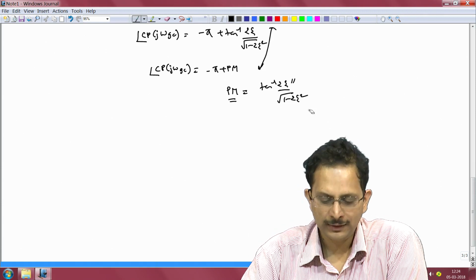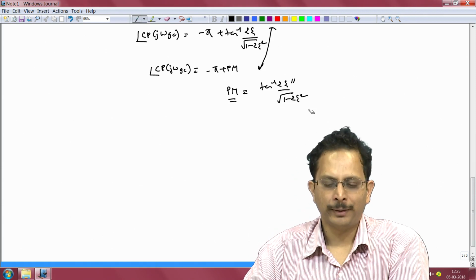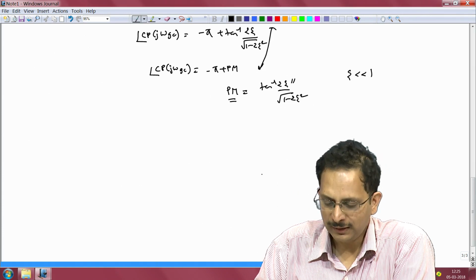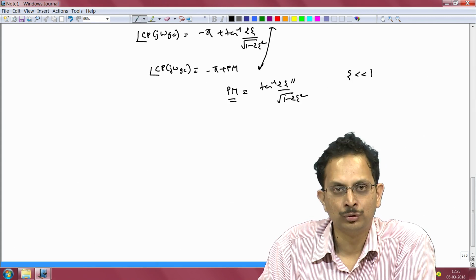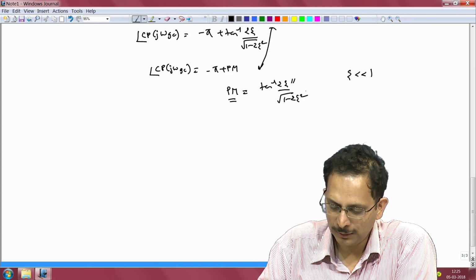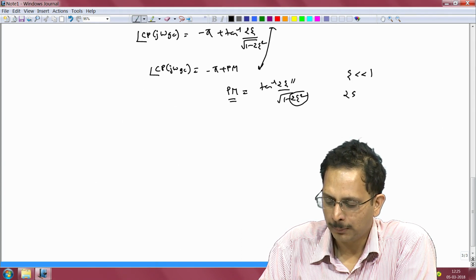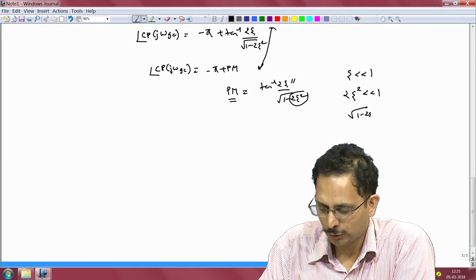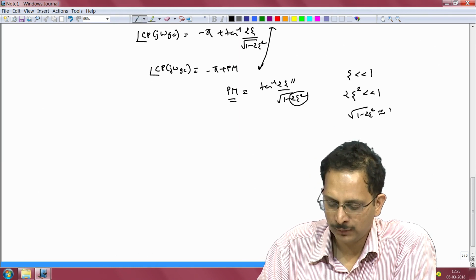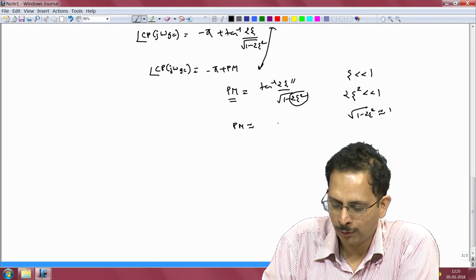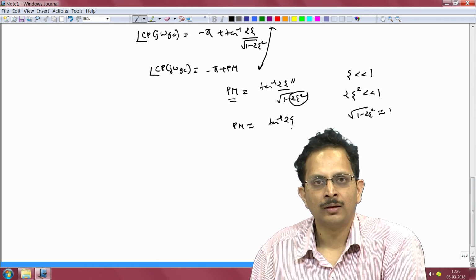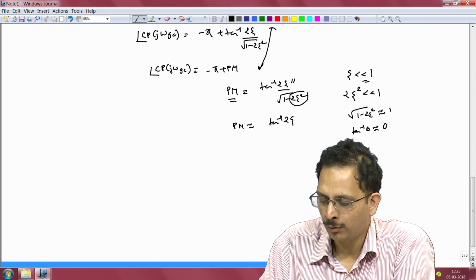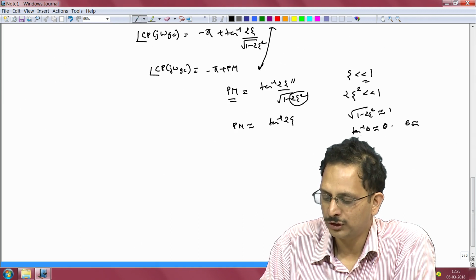Now, we can simplify the expression for the phase margin further by noting that if the damping coefficient zeta is much less than 1, then in the denominator of this function, tan inverse of 2 zeta by square root of 1 minus 2 zeta square, the term 2 zeta square would be much less than 1. And what that would mean is that square root of 1 minus 2 zeta square would approximately be equal to 1, so that the phase margin would be approximately equal to tan inverse 2 zeta, and if zeta is much less than 1, we know that tan inverse of theta is approximately equal to theta in the limit theta is close to 0.